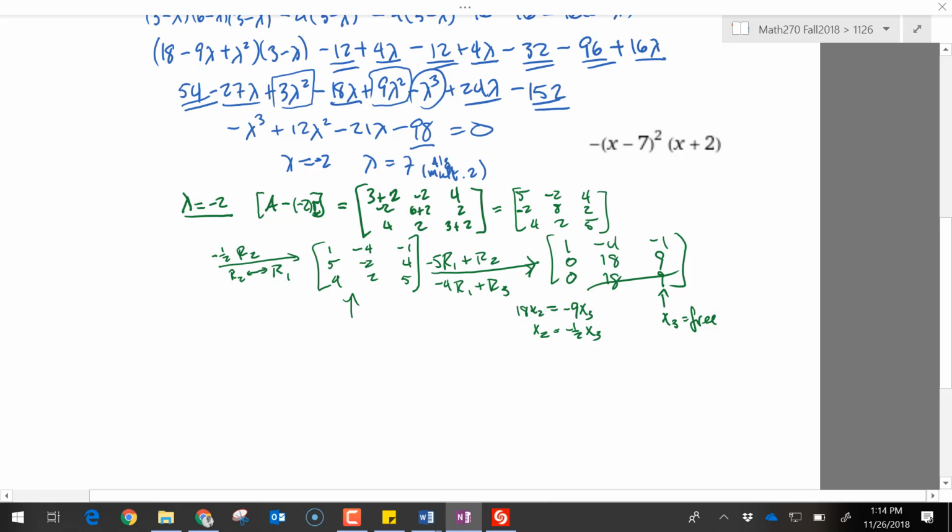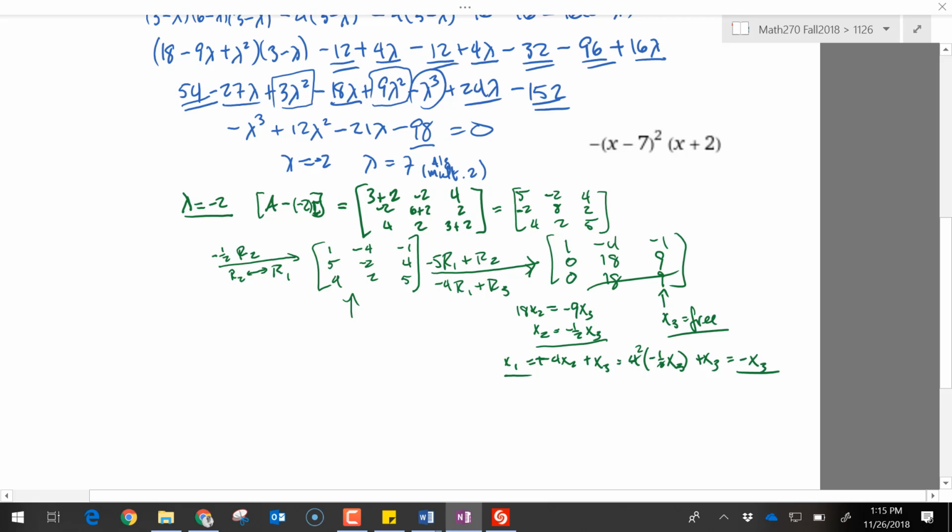And then x1 plus 4 x2, plus 1 x3 is equal to 0. Oops, bring that over to the other side: x1 is equal to -4 x2 minus x3, which is 4 times -1/2 x3 minus x3. So this is -2 x3 plus x3, which is -x3. So x1 is equal to -x3.